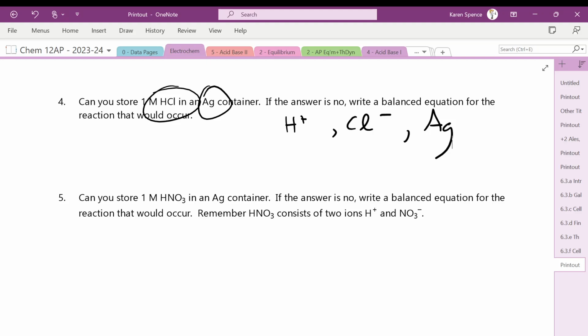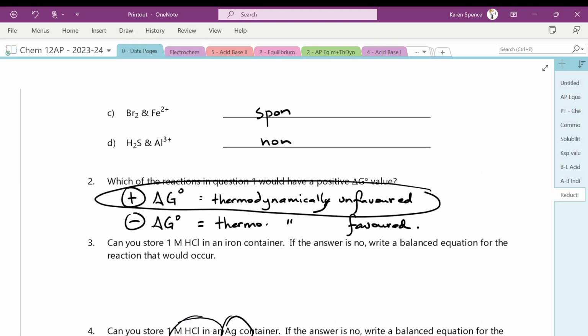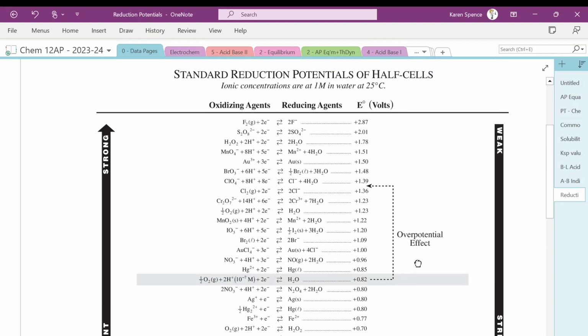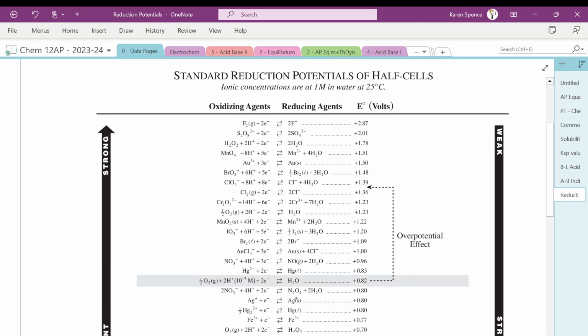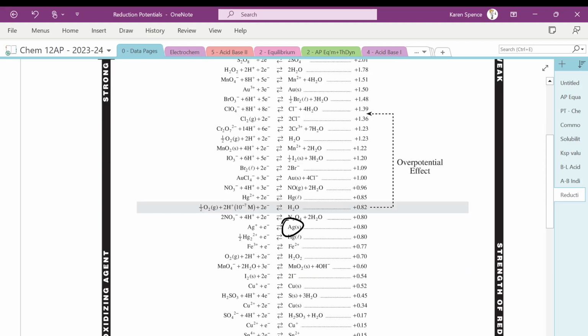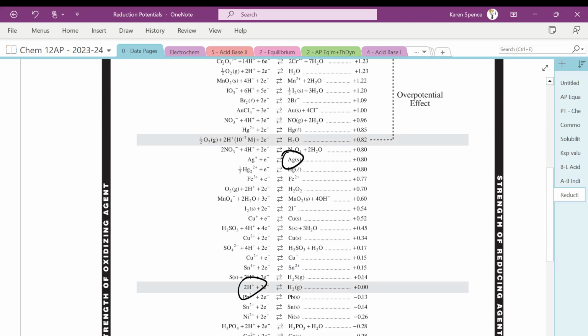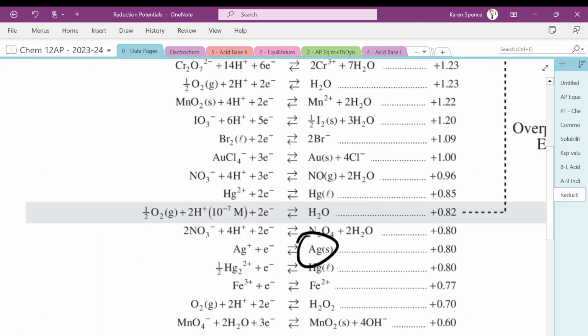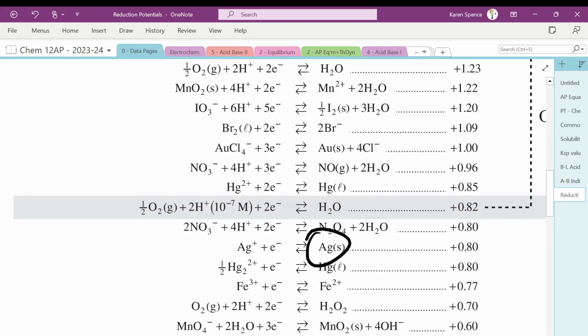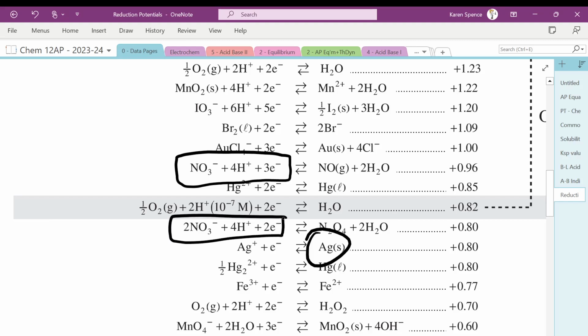Very similar to last time. Here we go. So we have Ag, we have H, and we have NO3. But because we have H present, we need to look and say, I have NO3 here, but I also have NO3 here.